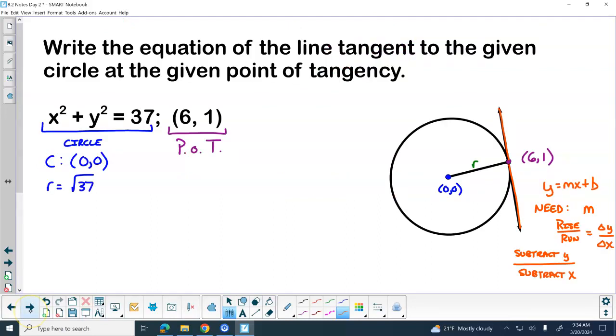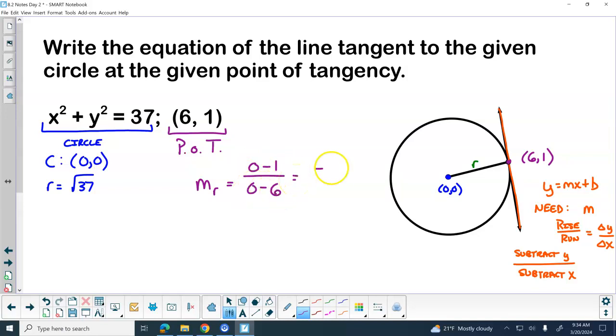So now let's fast forward back to this slide. If perpendicular slopes are opposite reciprocals, how can I find the slope of that line? Find the slope of the radius. Okay. So let's first find the slope of the radius. So that would be subtract the y's, right? 0 minus 1 over 0 minus 6.